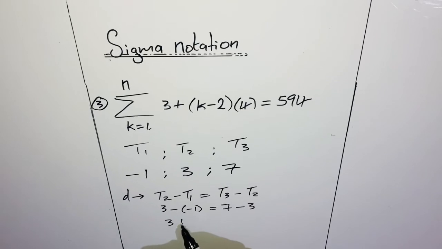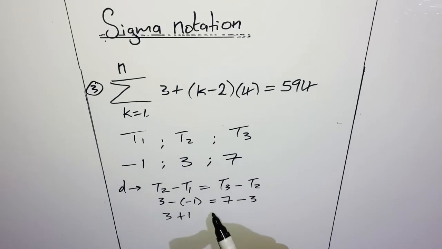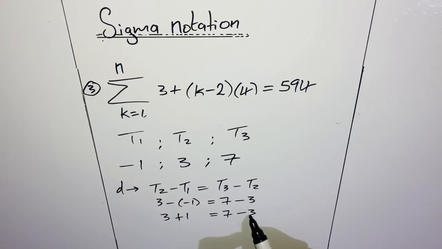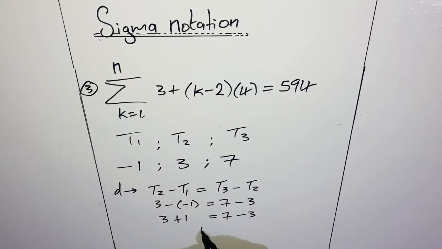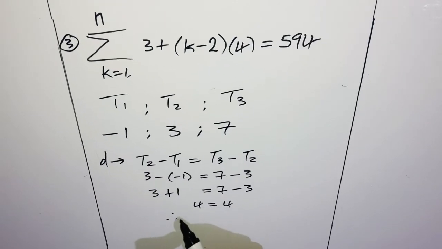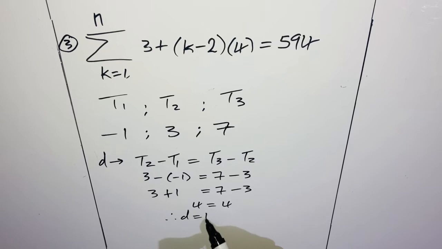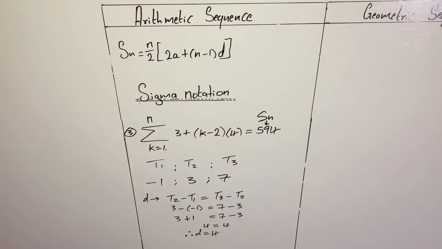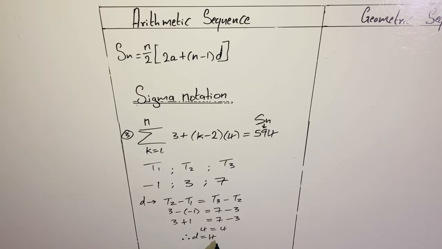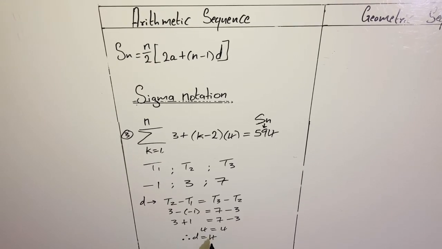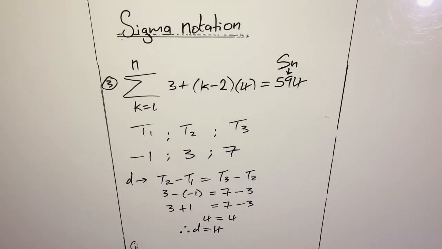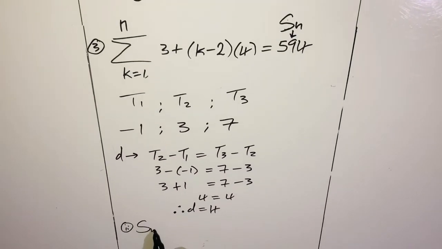This is 3 plus 1 equals 7 minus 3. 3 plus 1 gives us 4. Also, 7 minus 3 also gives us 4. Therefore, we conclude our D is 4. Now that we found our common difference is 4, which means that we are dealing with an arithmetic sequence, we'll then write down our arithmetic sequence sum formula.